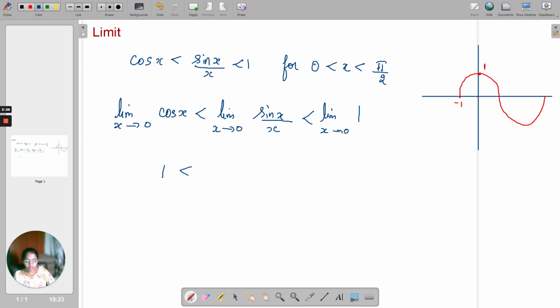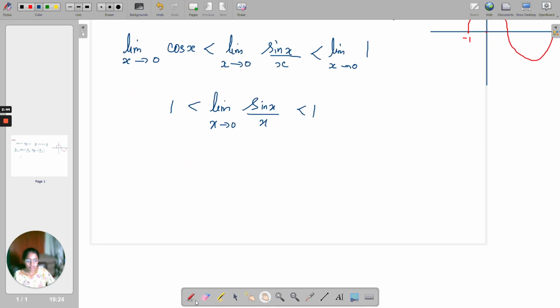Here I get 0 by 0 form, so I cannot do anything over here. Let me keep it as it is. So this is sin x divided by x and this is less than 1.